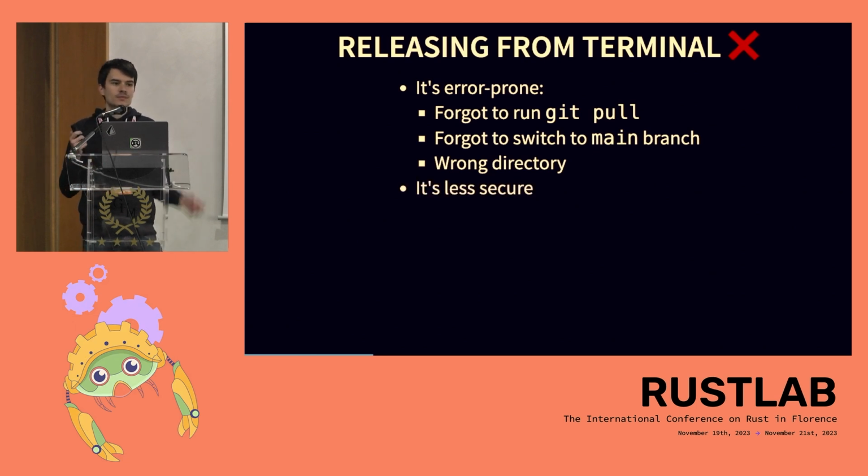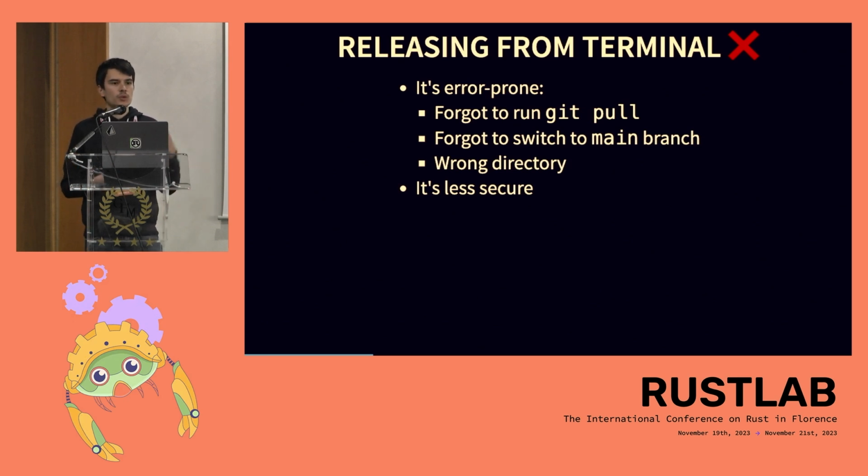Then it's also less secure, in my opinion. It's not that it's less secure with respect to releasing from CI, because when you have many developers that need to publish to crates.io, every developer needs a token that they need to save on their laptop. And so what happens if one of those laptops is compromised?